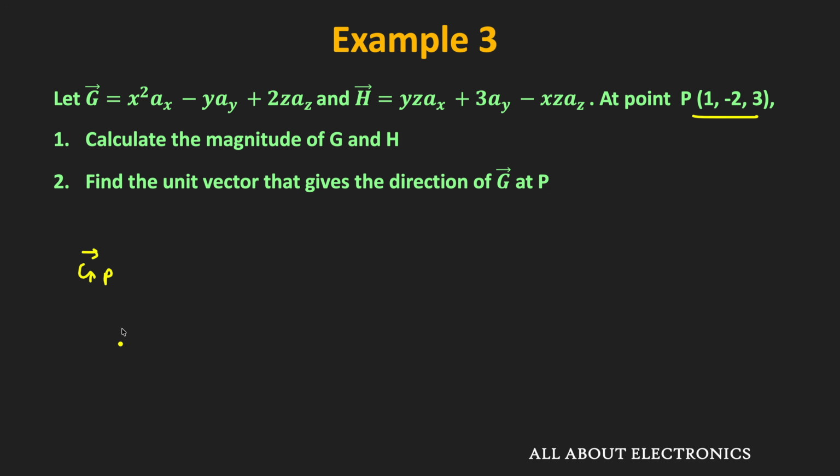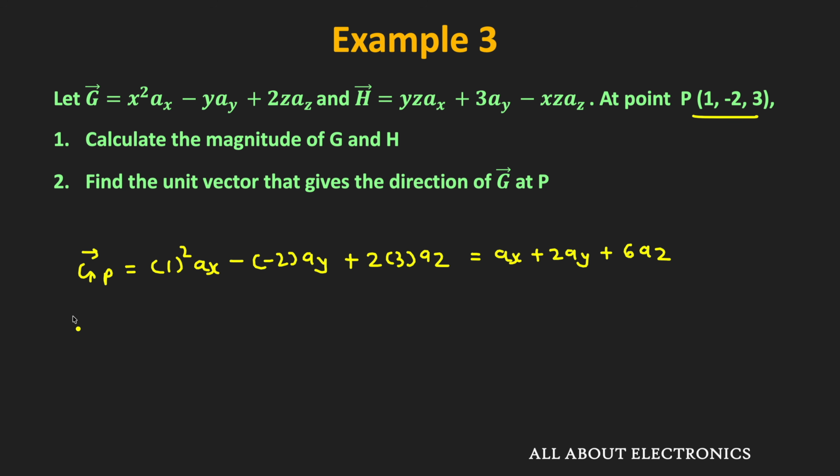And it can be found by putting the value of x, y and z as 1, minus 2 and the 3 respectively. That means here, this vector gp is equal to 1 whole square ax minus 2 times ay plus 2 times 3 times az. So that is equal to ax plus 2ay plus 6az.